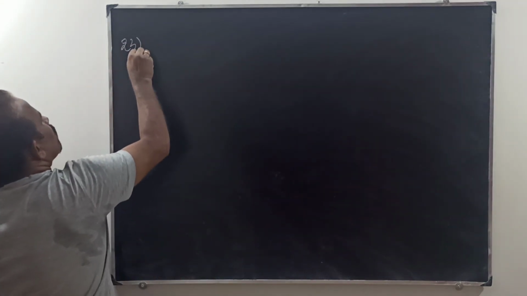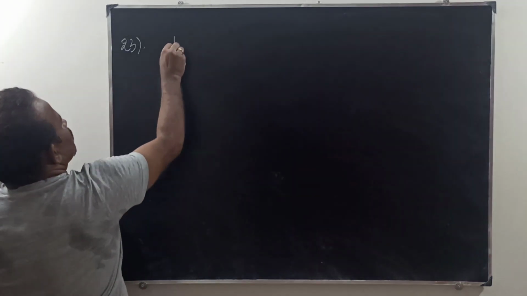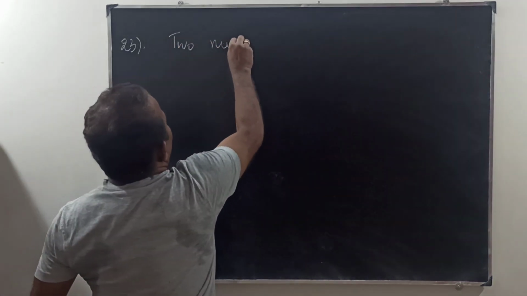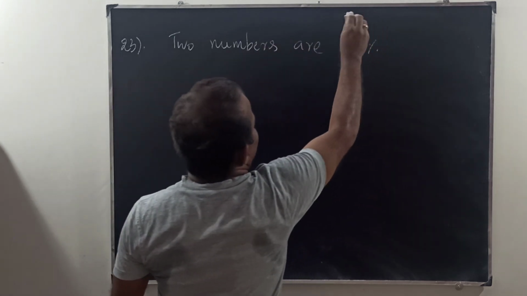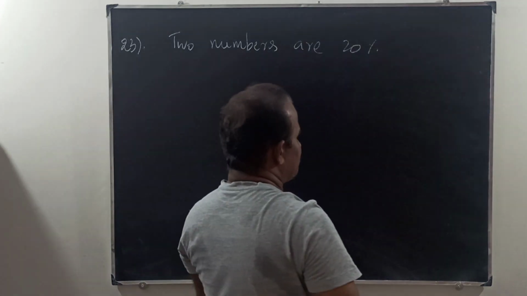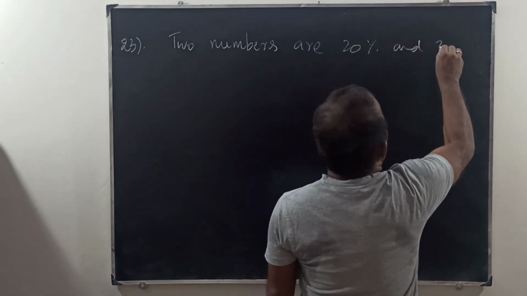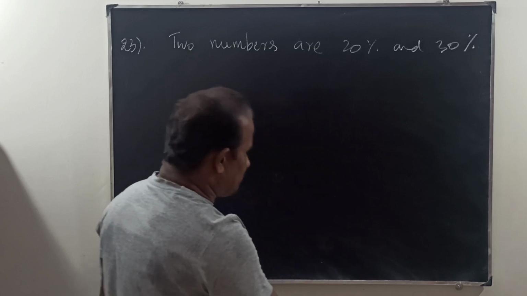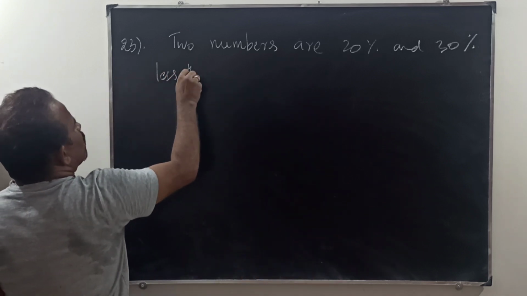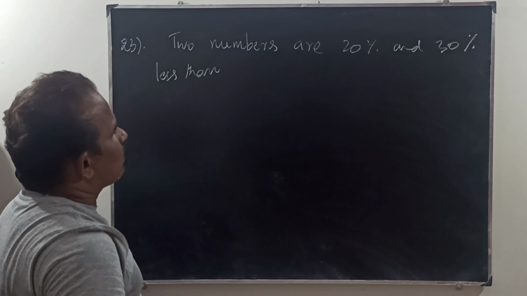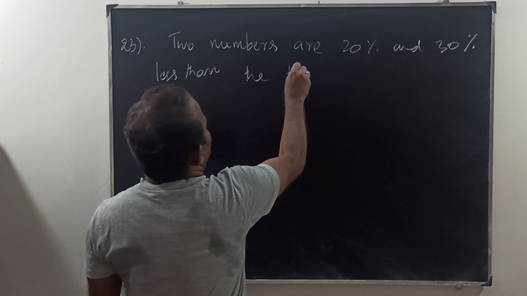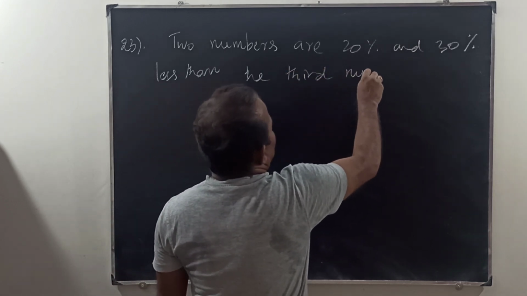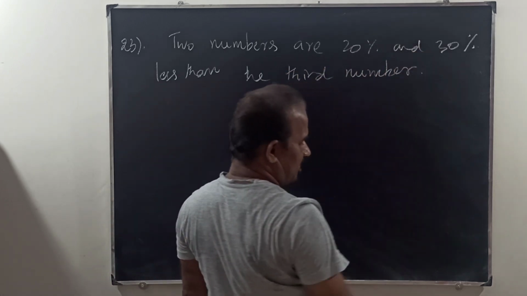The next question. Two numbers are 20% and 30% less than the third number.